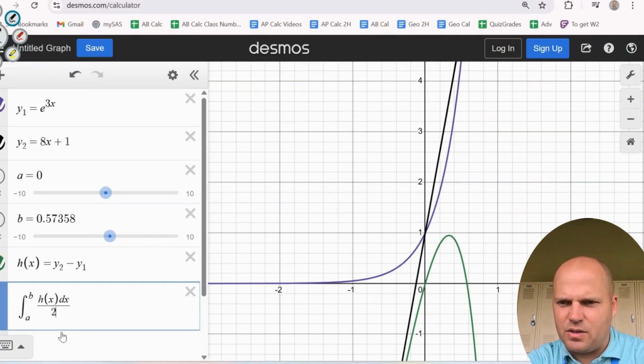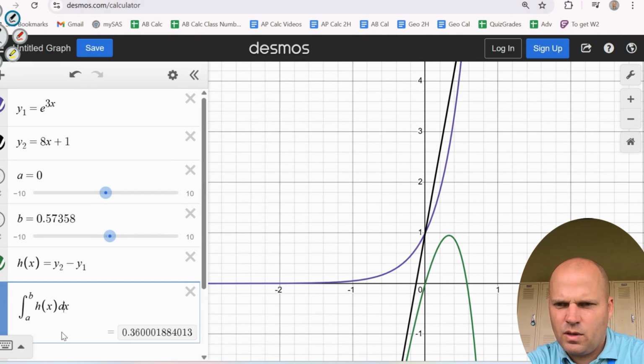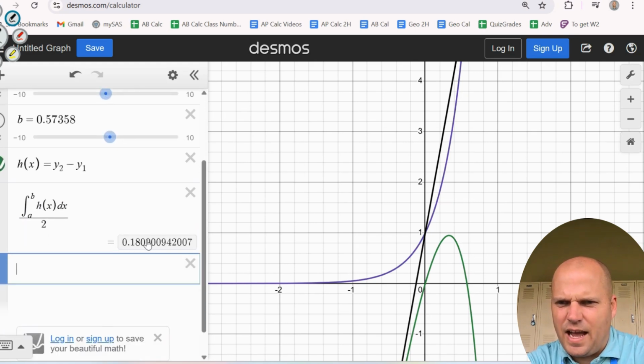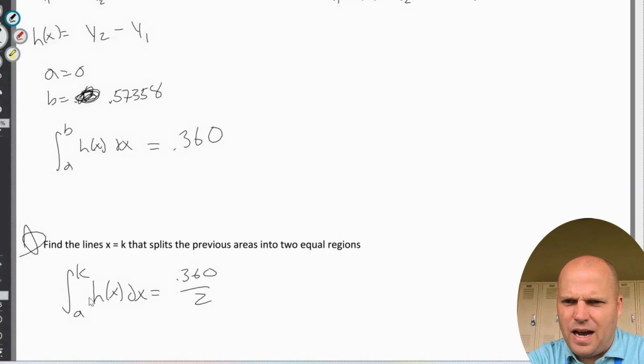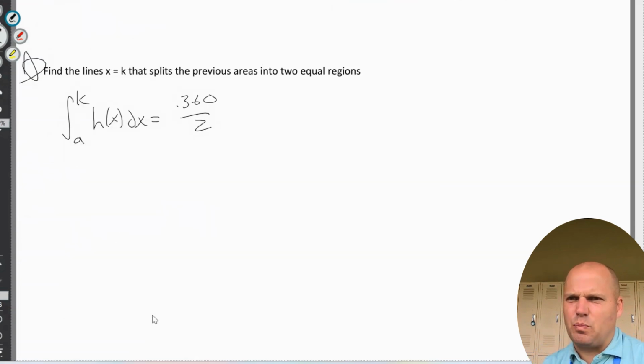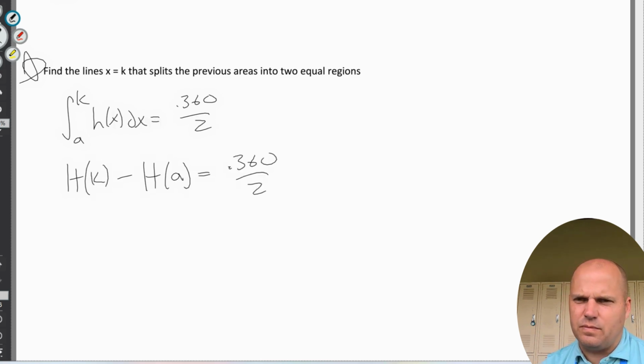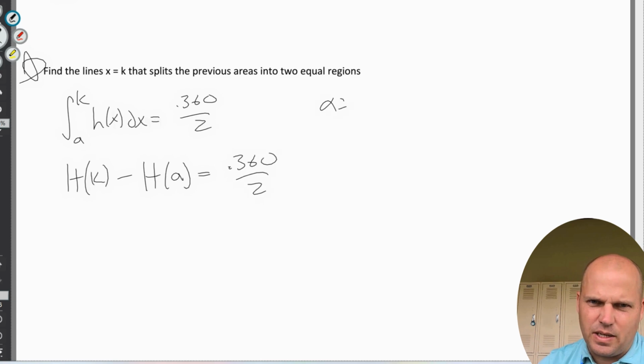I want this entire integral divided by 2. I just shifted and copied it. And I have this. Cool. So I want to know that super H of K minus super H of A equals 0.3602. Now, again, A is 0, but whatever.